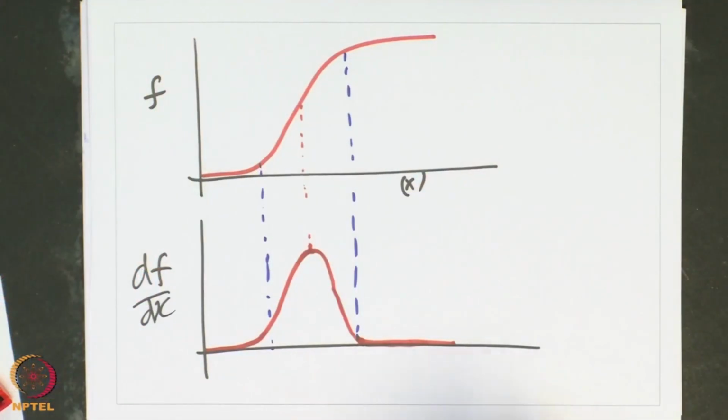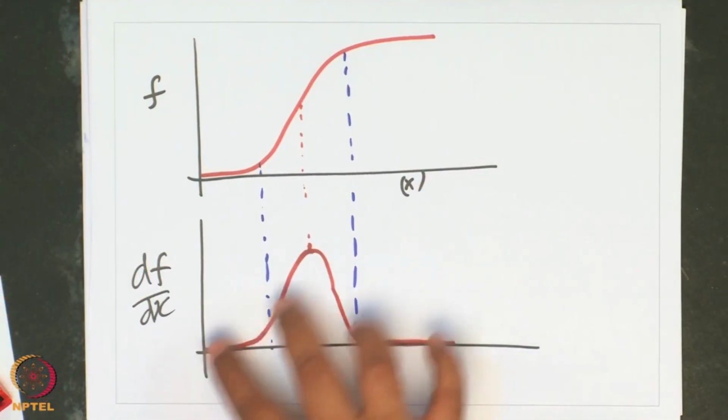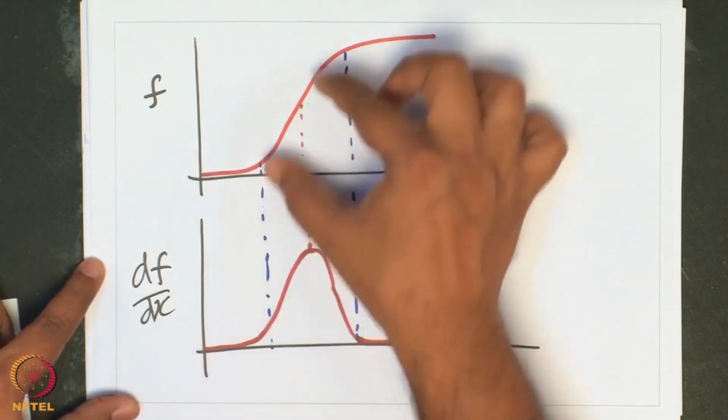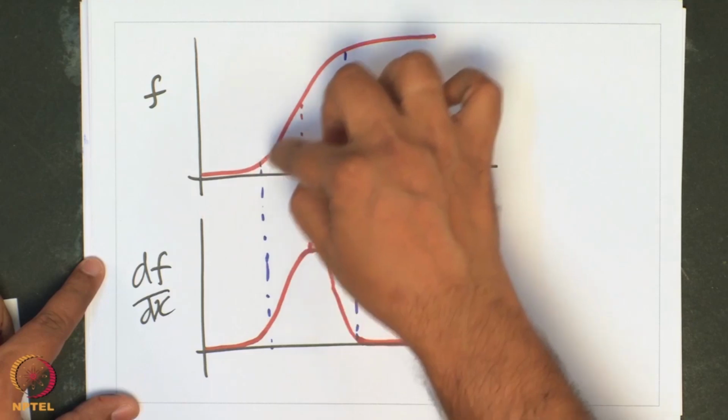Precisely how it will look, that we will learn, how to precisely plot the derivative of a function given to us. But before doing it, we know by inspecting different parts, for this part it has to be 0, for this part it has to be positive, increasing.